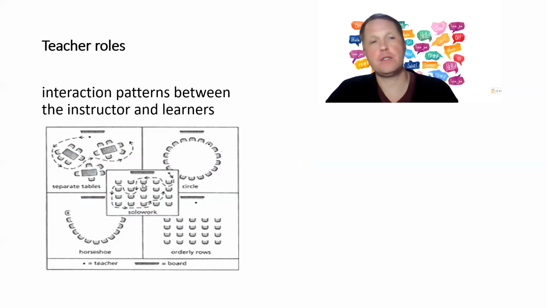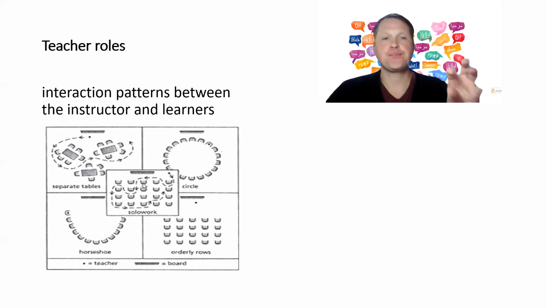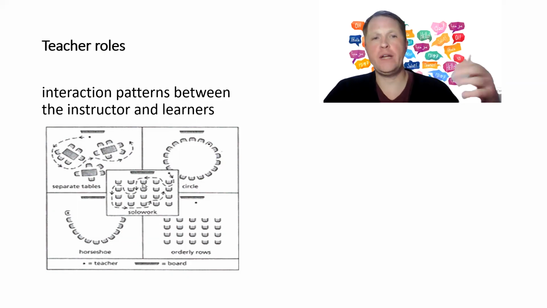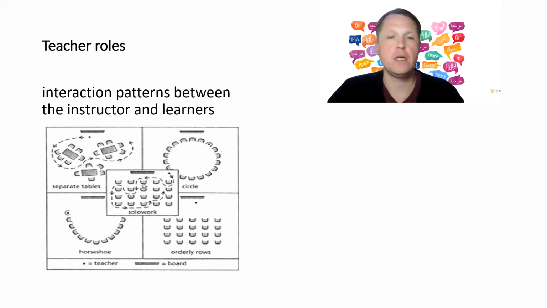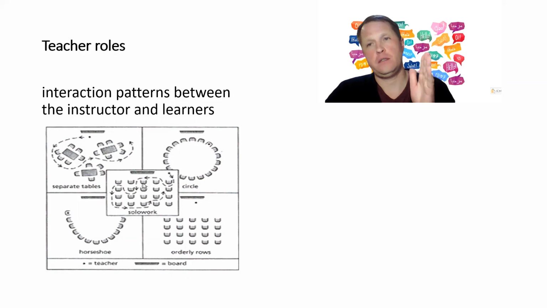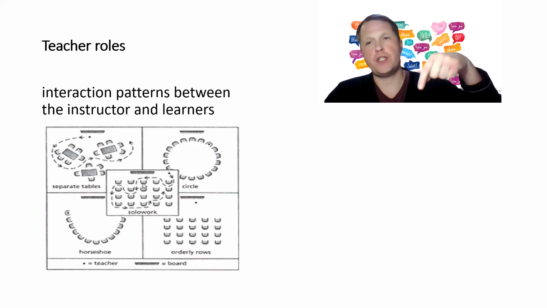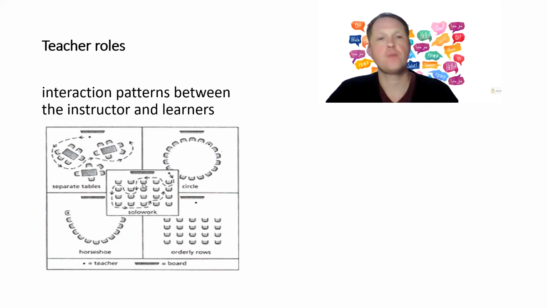Regarding interaction patterns, are the seats arranged in rows and columns in the traditional method, or are they arranged in a way that's more egalitarian and conducive to monitoring and interaction? The only time I have my students sit in rows and columns is when they're taking a written test. Otherwise, they're sitting with the chairs arranged in a U shape or in small groups.